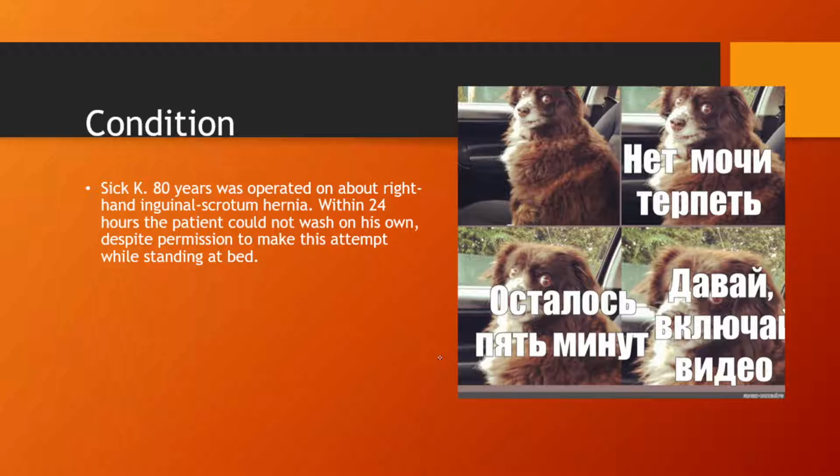Within 24 hours, the patient could not urinate on his own, despite permission to make the attempt while standing at the bed. What complication did the patient develop? Can you give possible reasons? What complication developed? And what activities will you carry out to eliminate this complication?